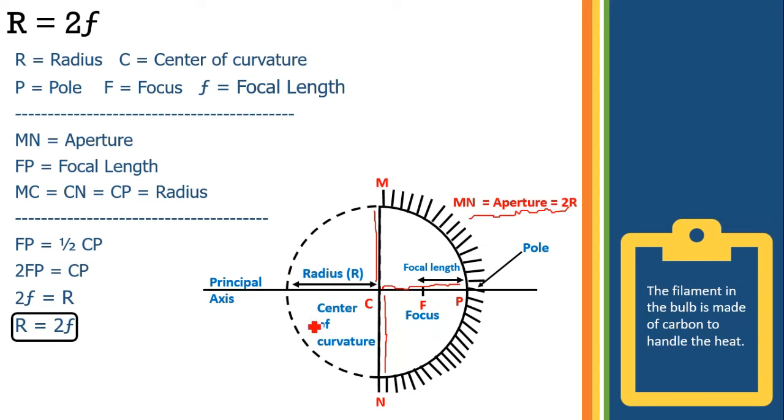Here you can see 2 is in denominator, so it will surely go in numerator and get multiplied. So 2FP equals to CP, right? So what is FP? FP is a focal length denoted by small f. So instead of FP, we will keep small f. So 2f equals to, what is CP? CP is radius of curvature, means r. So from that we get a formula, R equals to 2f. I hope you understood this.